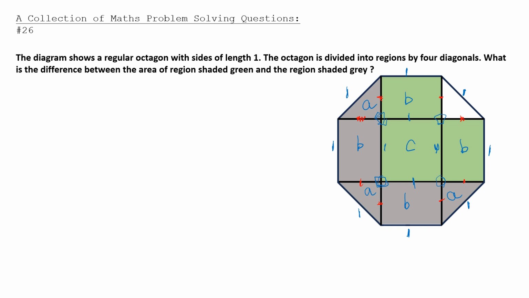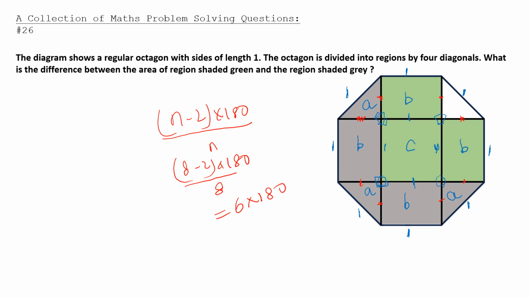Now we know that the internal angle of the octagon we can work out: n minus 2 times 180 divided by n. So here n is 8. That is 8 minus 2, 6 times 180 divided by 8, which is 135 degrees.